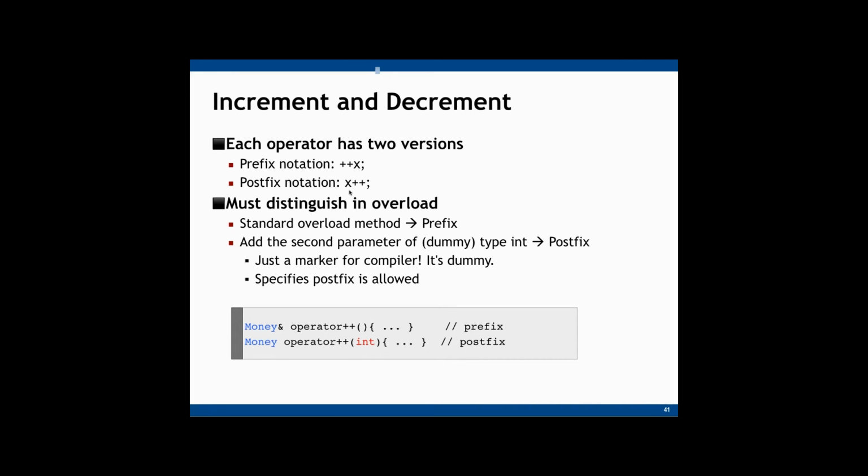They use the same operators, plus plus or minus minus. The only difference is whether it comes before or after the variable, as shown in this example. For the prefix notations, the operator comes before the variable name, and for the postfix notations, the plus plus operator comes after the variable name.